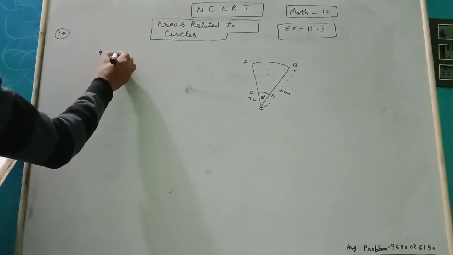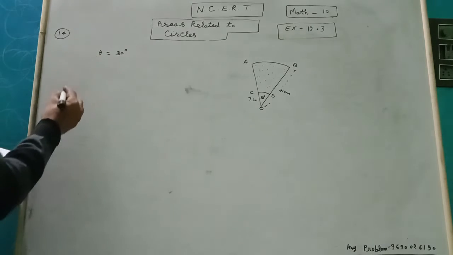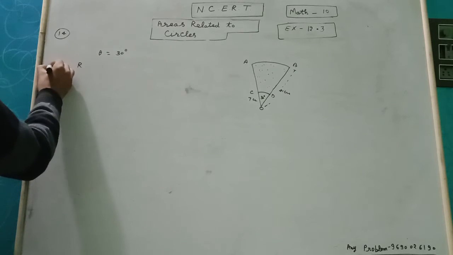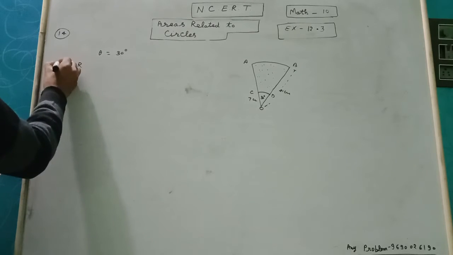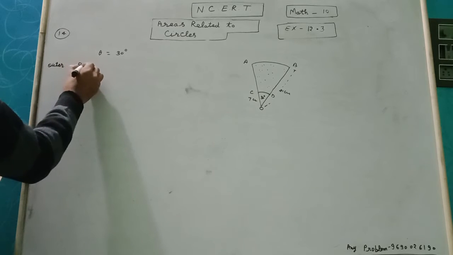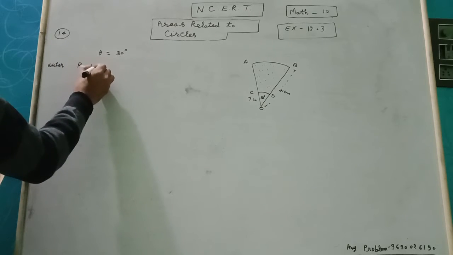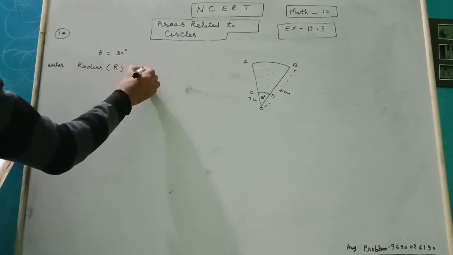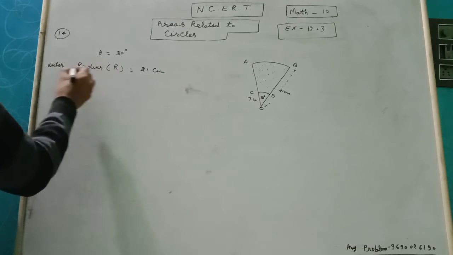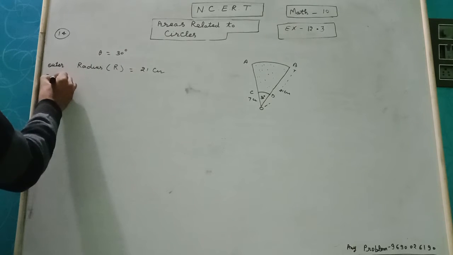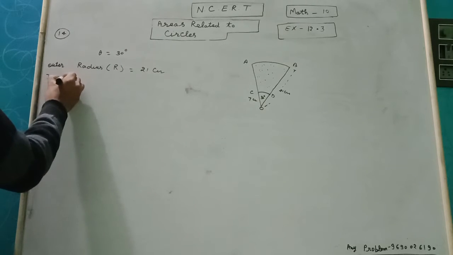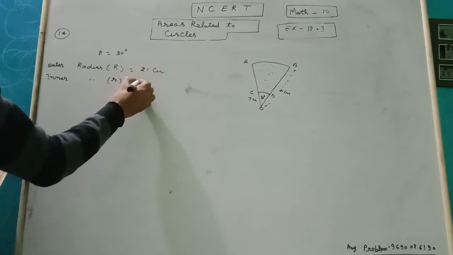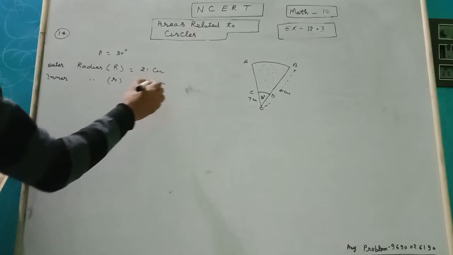Theta is equal to 30 degrees, capital R, the outer radius, is equal to 21 cm, and the inner radius is equal to 7 cm.